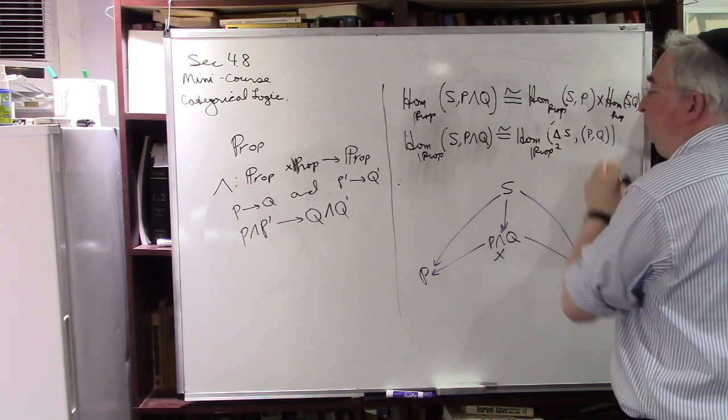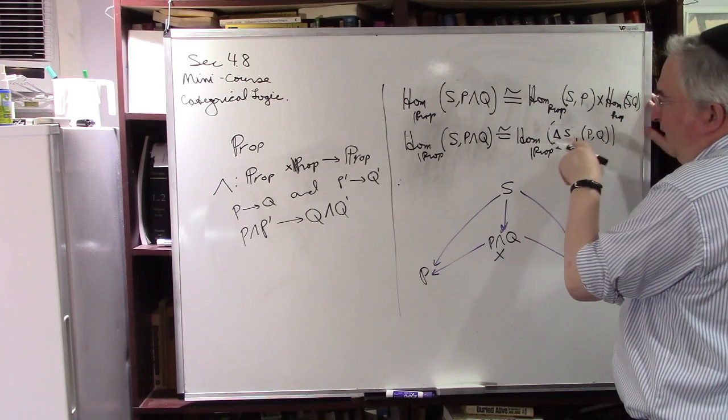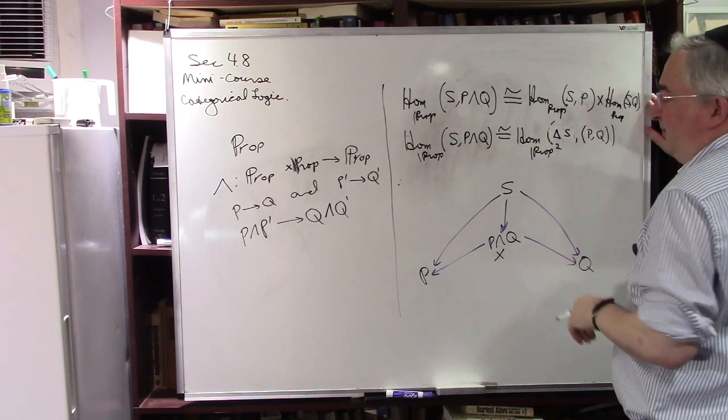Delta S. And that is the diagonal map from Prop to Prop squared.